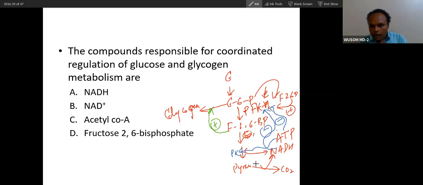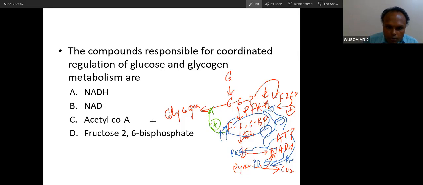And there will also be inhibition of pyruvate dehydrogenase by ATP and acetyl coenzyme A. So this inhibitor will block this reaction. As a result, this will accumulate and become high. Then the pathway will be sluggish, so this pathway will be stimulated.